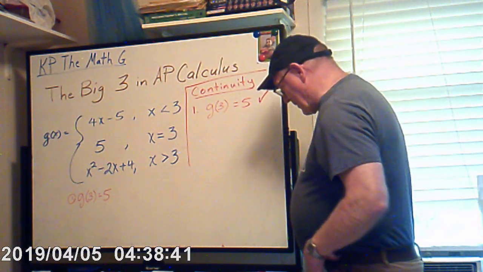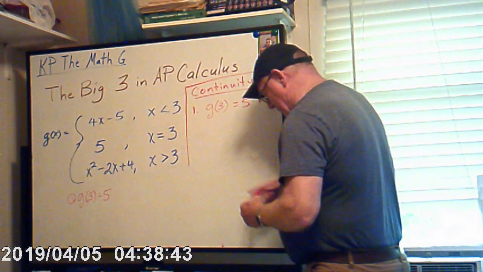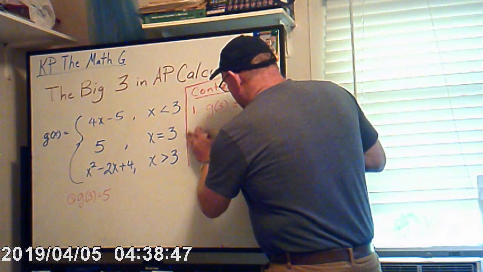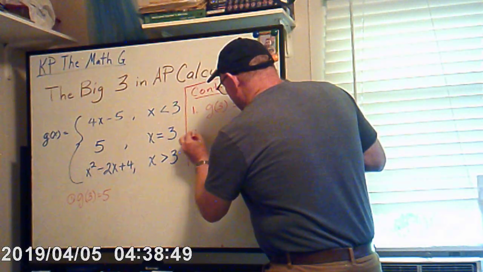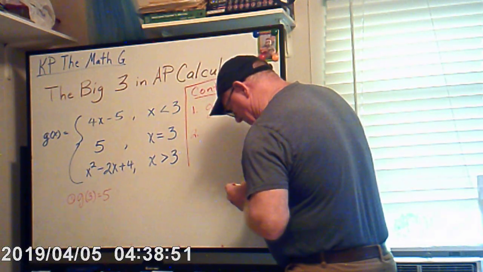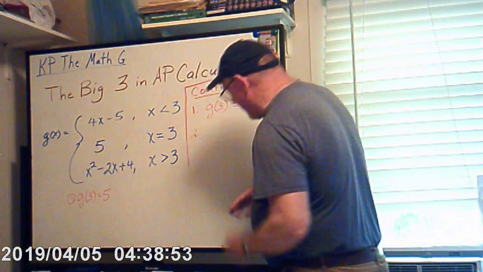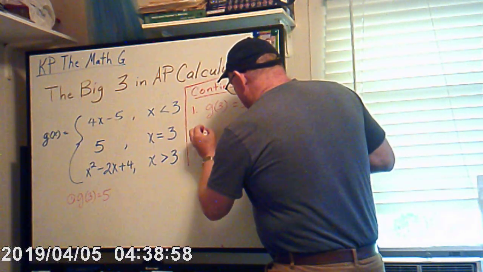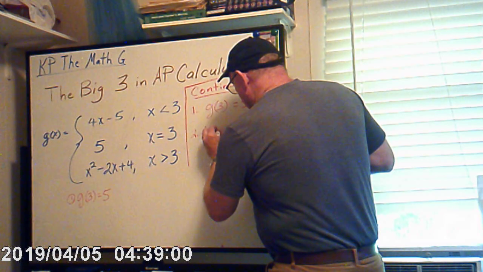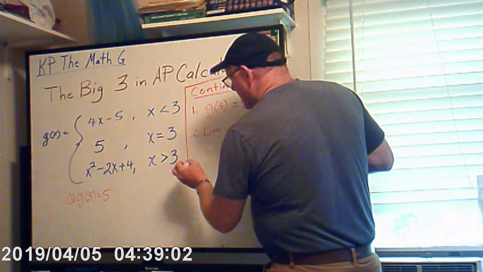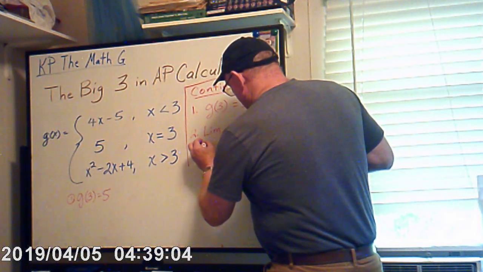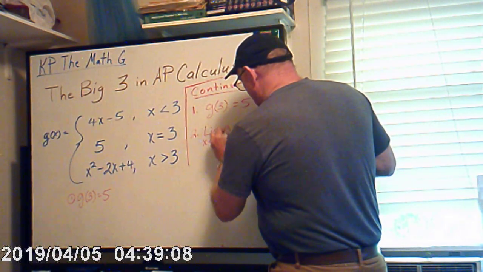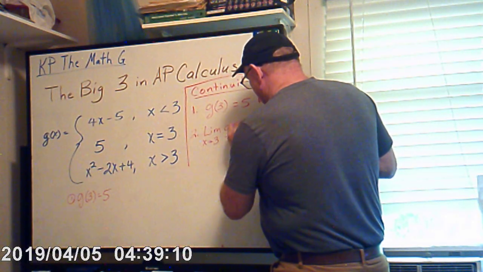Okay, the second rule is, does the limit exist? My writing is terrible. Let's try it for this one. Does the limit as x approaches 3 of g of x exist?